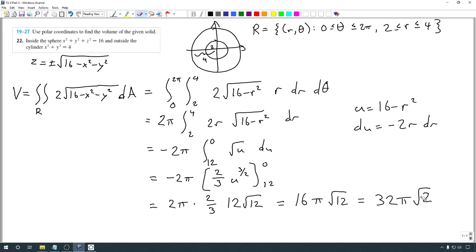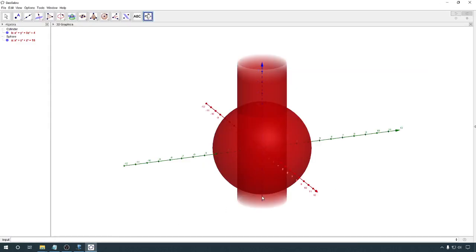Wait a second. Instead of 2, we need a 3 here. There you go. So 32 pi times the square root of 3. That is the volume in this napkin holder. Well, I'm just going to keep calling it that.